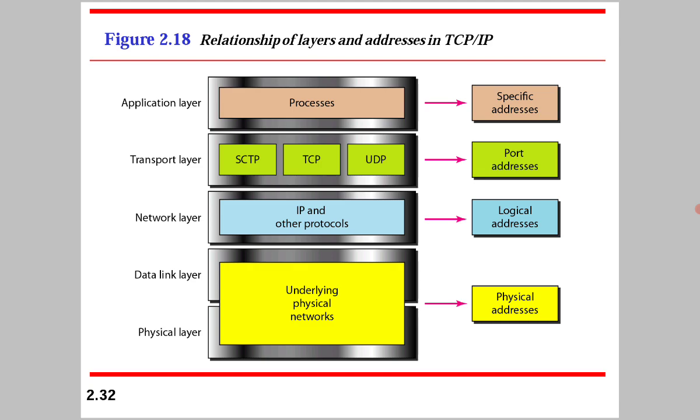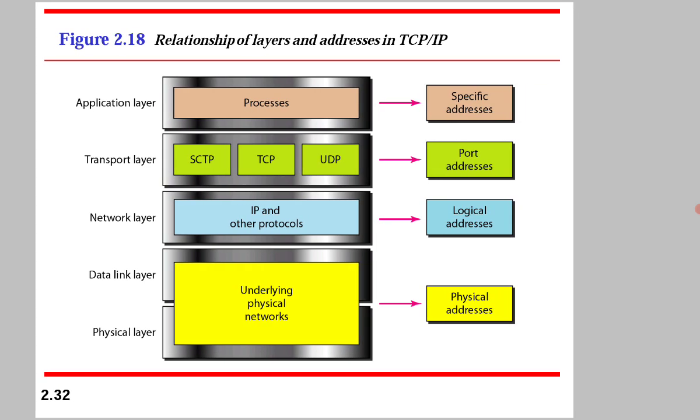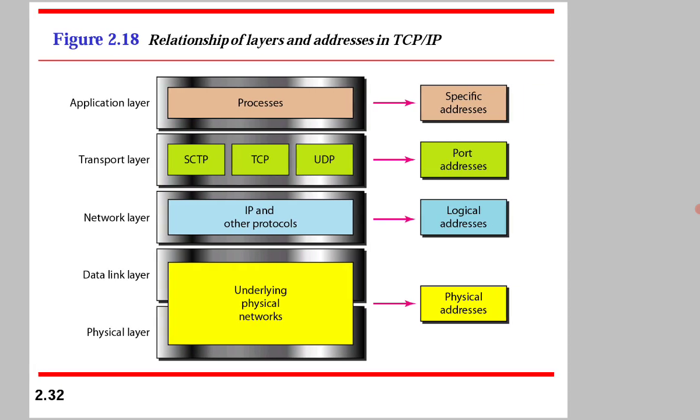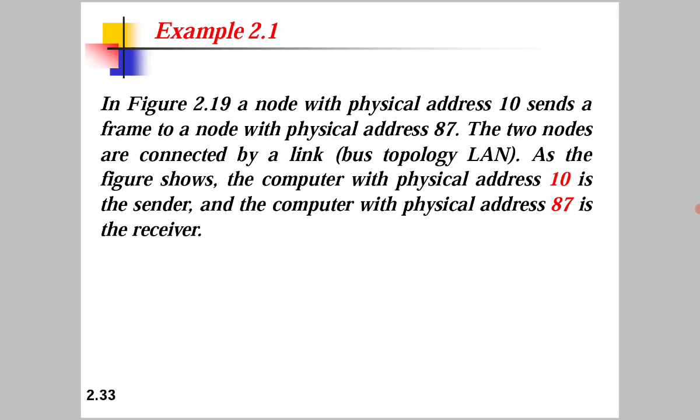Different port numbers are used to connect various network devices, like in the transport layer. And the specific addresses means specific unique addresses. So these are the four different addresses used in the TCP/IP model.